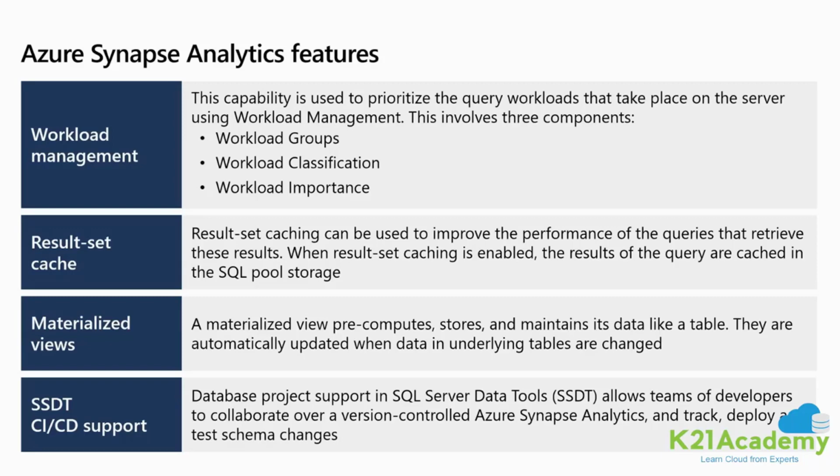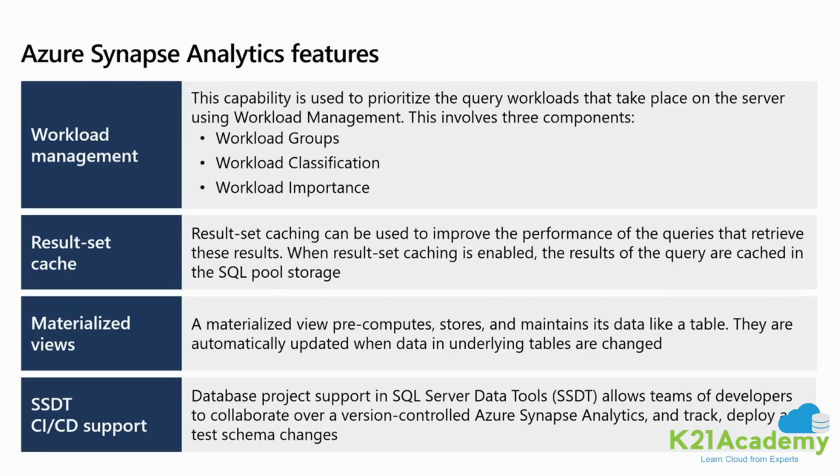Now coming over to workload classification and workload importance. Let me give you a couple of examples to explain it. When I think in terms of workload classification, let's say I have data coming from the sales team, so I have one class, sales class. I have another class, marketing class. There is another class, weather class, maybe weather data. A fourth class can be data coming from the CEO. As a data engineer, the data coming from the CEO and the queries which the CEO wants to run on that data might be of high importance.